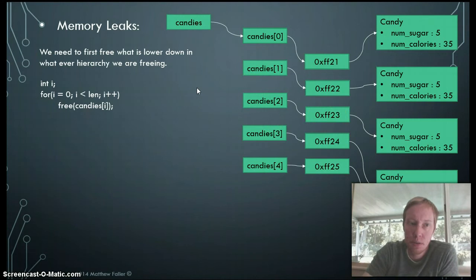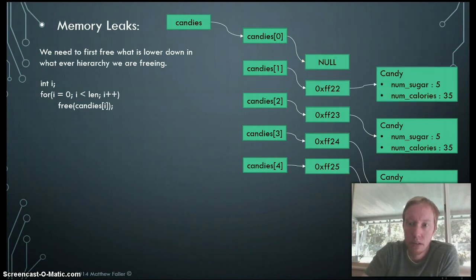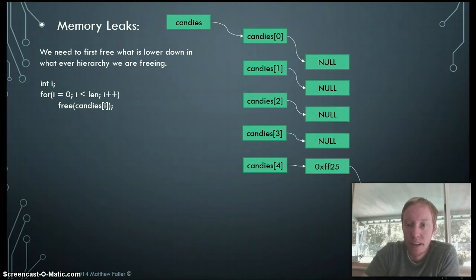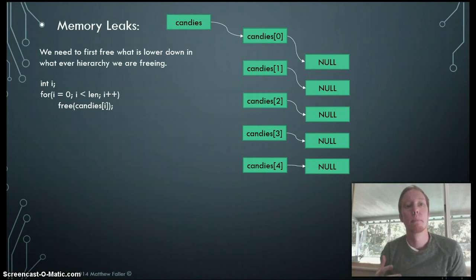So first, because we have a pointer of pointers, we need to go to the deepest level and free this candy here. So we have this for loop that for each of these, it calls free on the pointer, right? So we call free, and then again, and again, and again, until our for loop terminates, and yay, we freed up all of our candy.